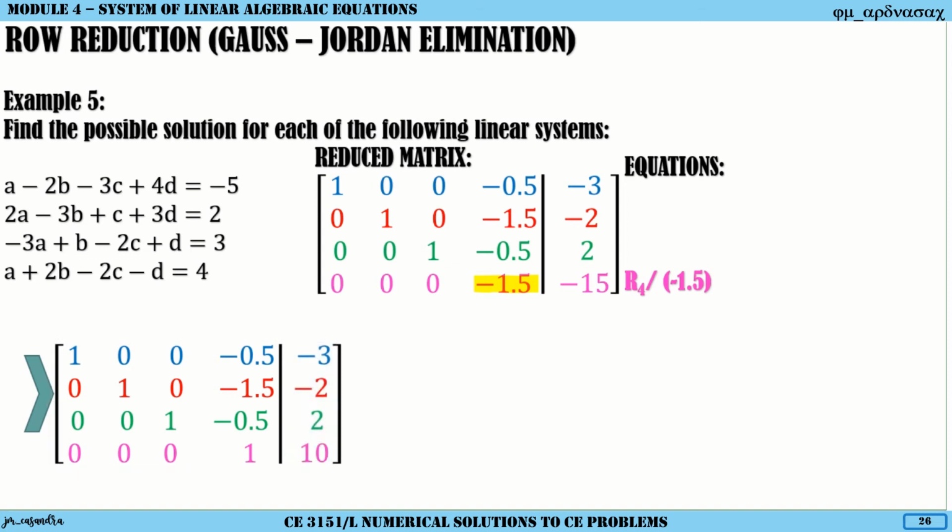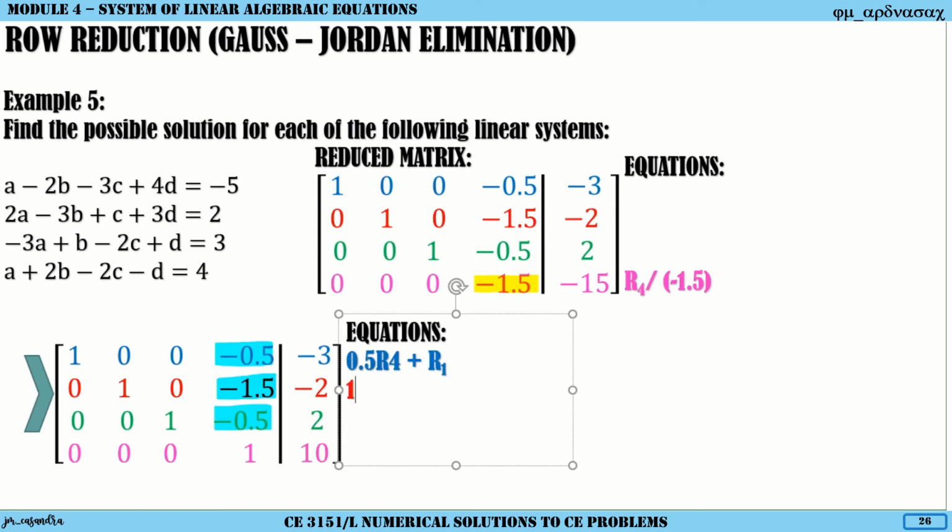So next step is to reduce the remaining elements of our fourth column to 0, and we'll arrive there using the following equations. For the first row, we'll have 0.5 R4 plus R1. Then we have 1.5 R4 plus R2.